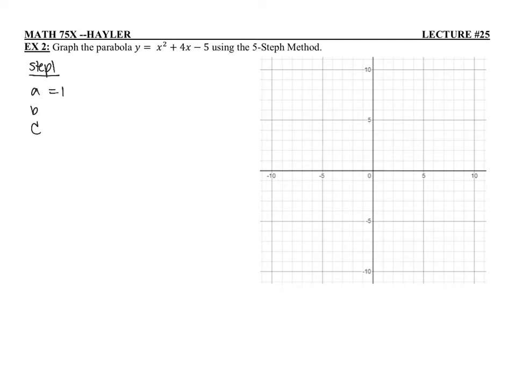If our a value is positive, or greater than 0, we know our parabola is going to open upwards. Think of a happy face as positive. So if our a value is positive, it's a happy parabola. If your a value is negative, so less than 0, it's a sad parabola. Since our a value is positive, it's going to be an upward parabola.